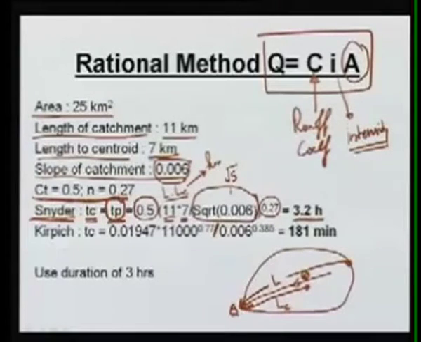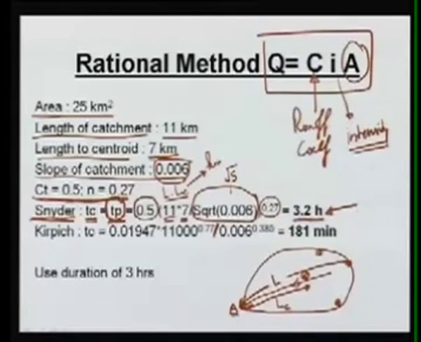So we get a time of concentration of 3.2 hours, which means that a raindrop falling here or here, which is the farthest really from a travel point of view, will take about 3 hours to reach the outlet A. Now this is one equation which we can use to find out the time of concentration.